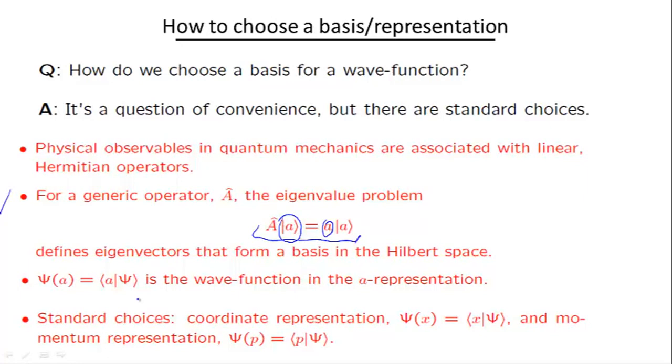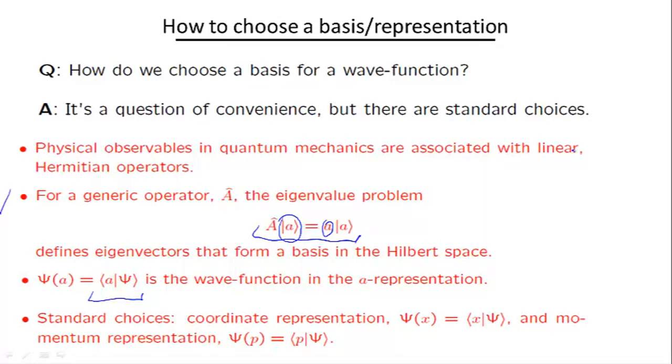What's essential is that in many cases the set of eigenvectors of such operators forms a basis in the Hilbert space. This means that we can expand our wave function in terms of these basis vectors. The corresponding matrix elements, let's say for this vector A, are called the wave function in the A representation. One can construct an infinite number of such representations, just like there exists an infinite number of observables and corresponding operators.